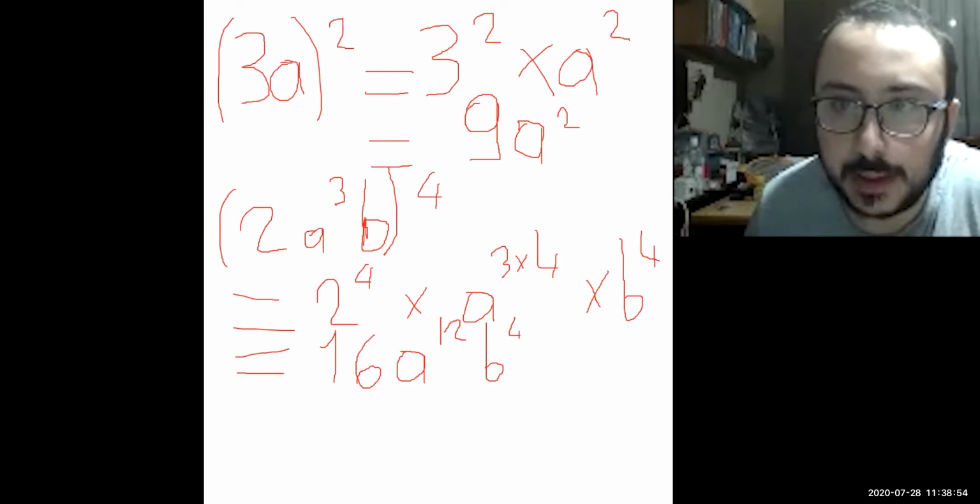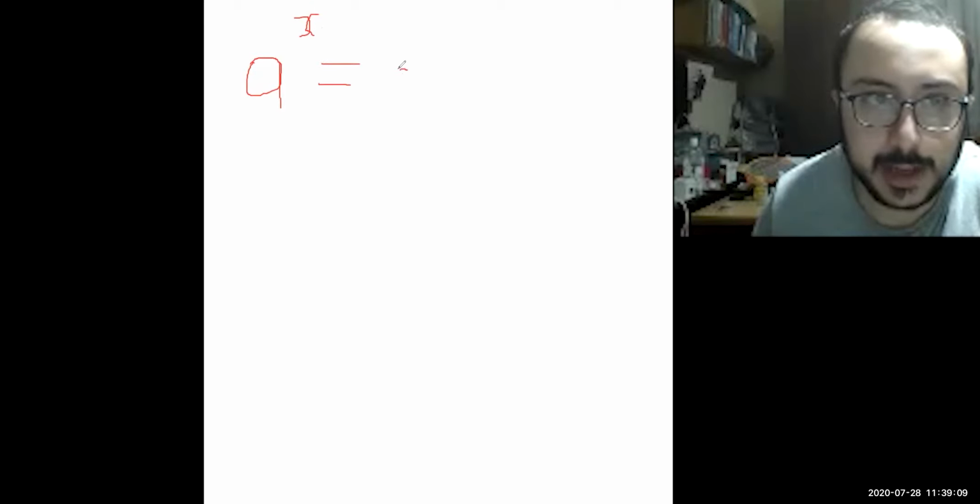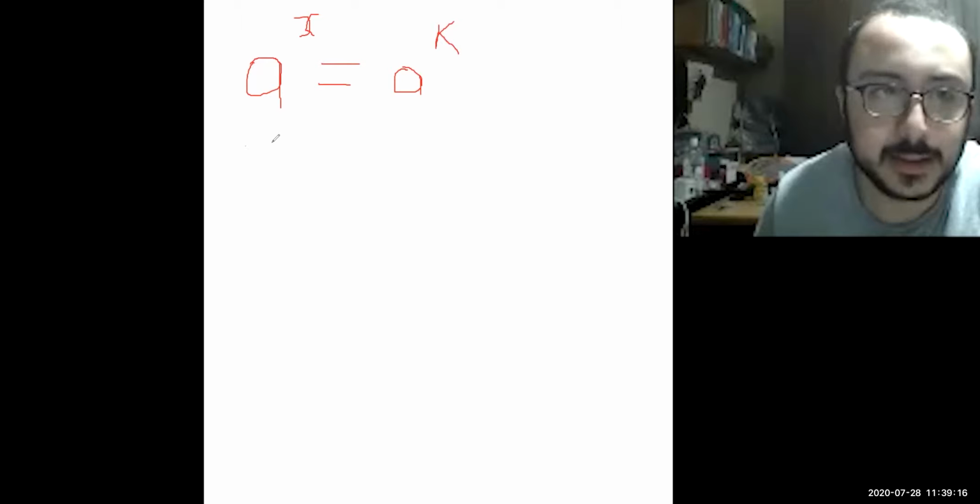Let's move to exponential equations. When we have a number a power x, if a power x is equal to a power k, it implies x equals k.